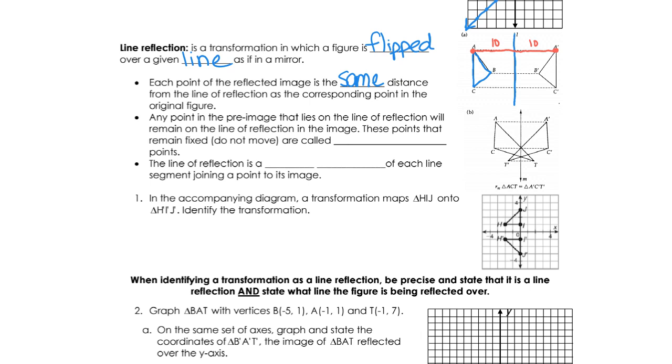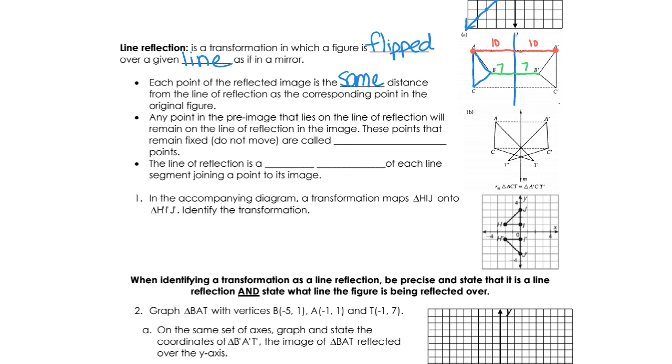So for instance, if B is closer to my line of reflection, let's say it's 7 units, then it's going to have to be 7 units on the other side where you get to your B prime. Same thing for C. Going back to our bullets, any point in the pre-image that lies on the line of reflection will remain on the line of reflection. Because if you're already on it, your distance away from it is 0, so you don't move.